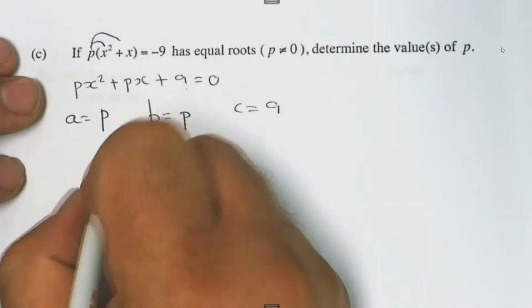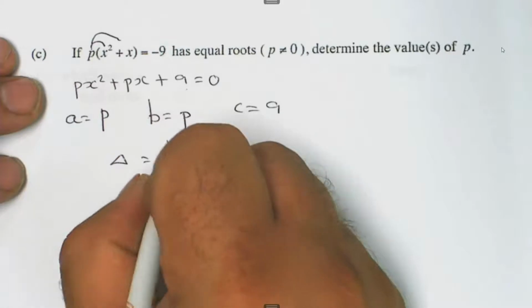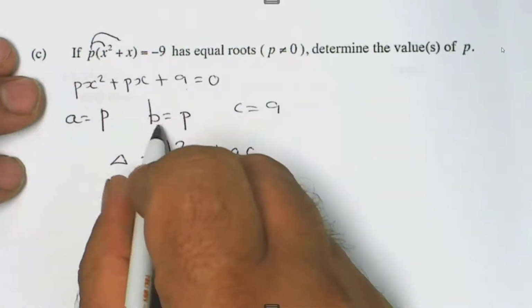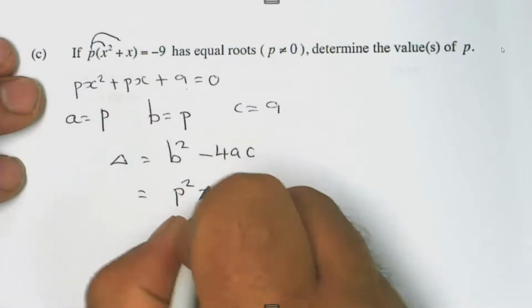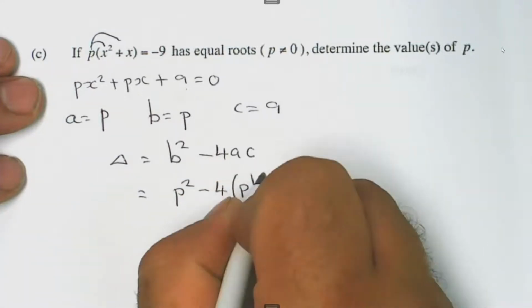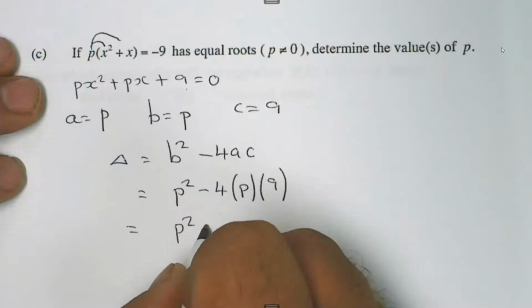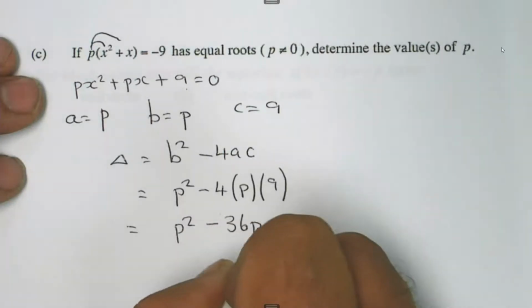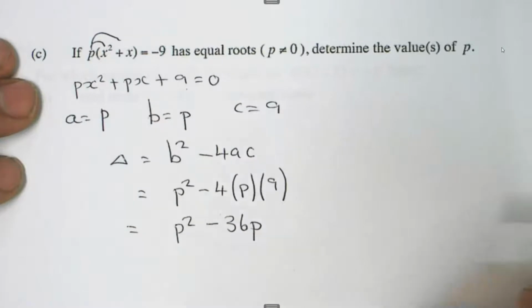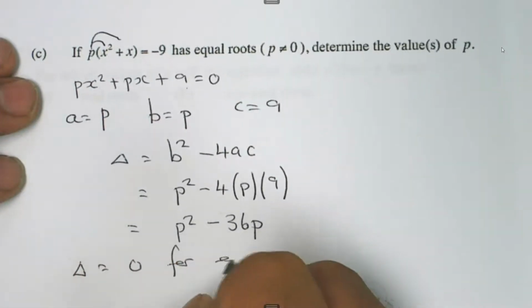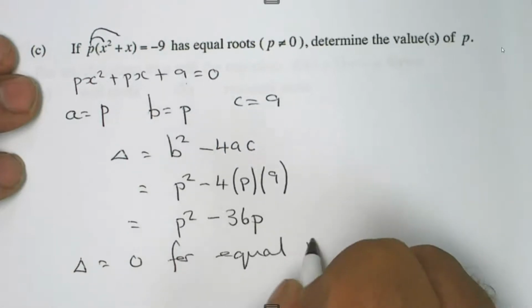So delta is equal to b squared minus 4ac. So b value here is p squared minus 4 times p times 9, which is equal to p squared minus 36p. But they said it's equal roots, and delta is equal to 0 for equal roots.